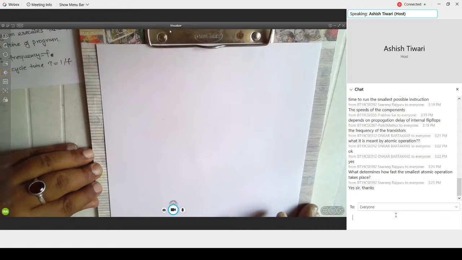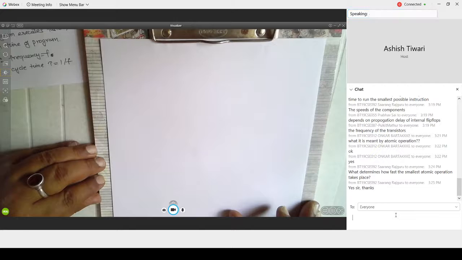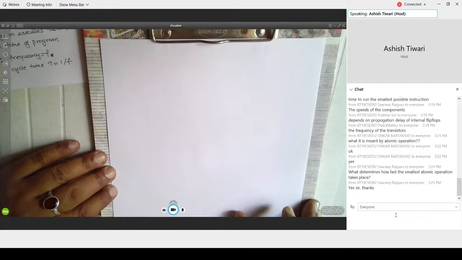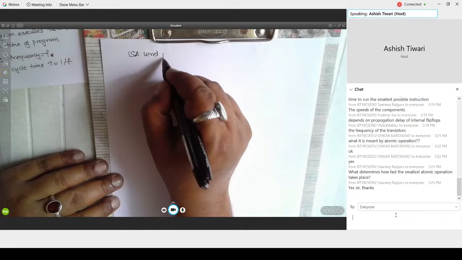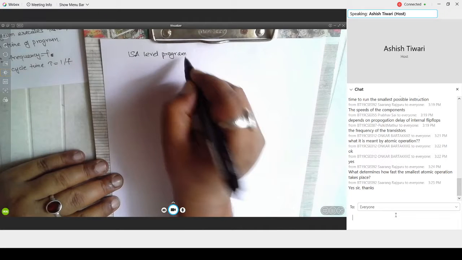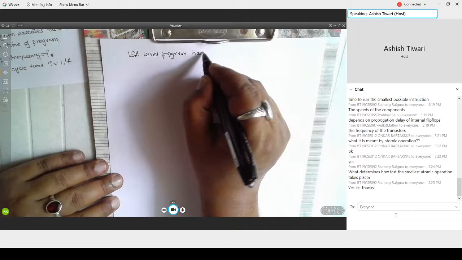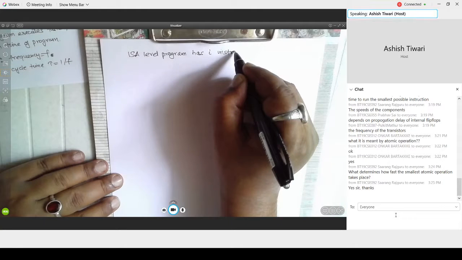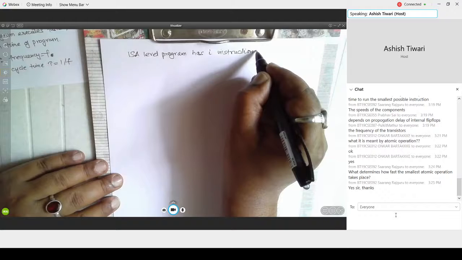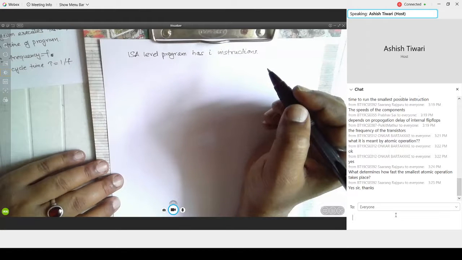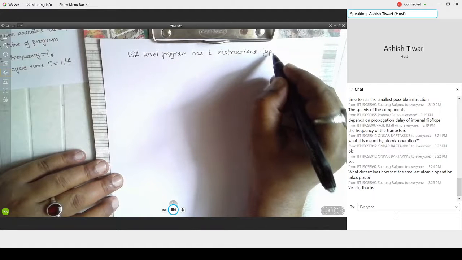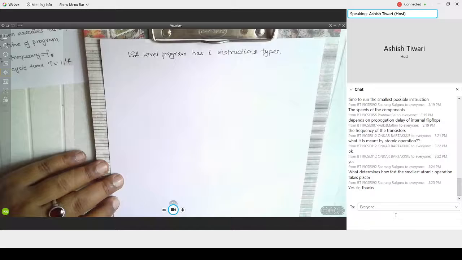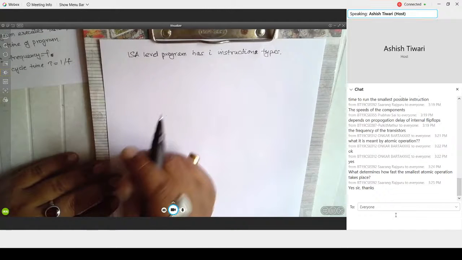Okay, what is the other assumption that I make? I assume that my ISA level program has IC instructions.